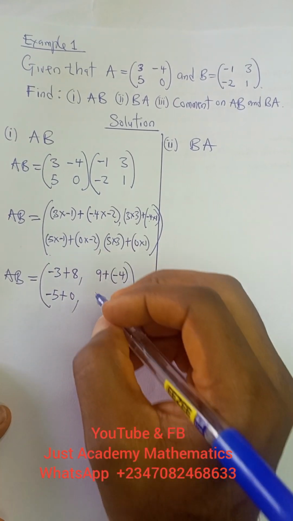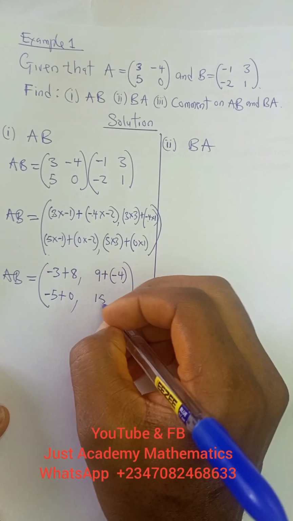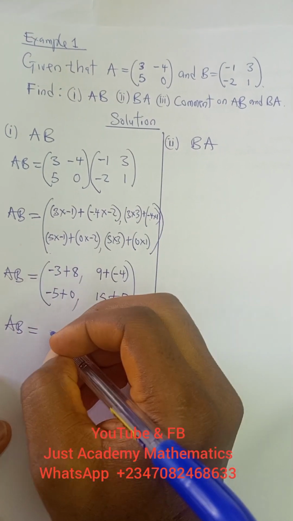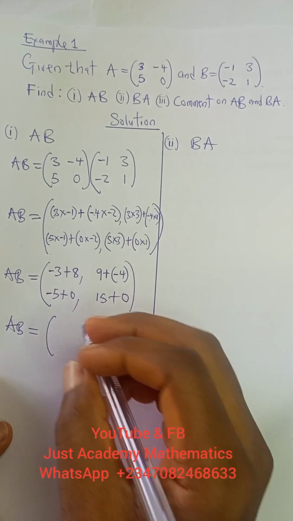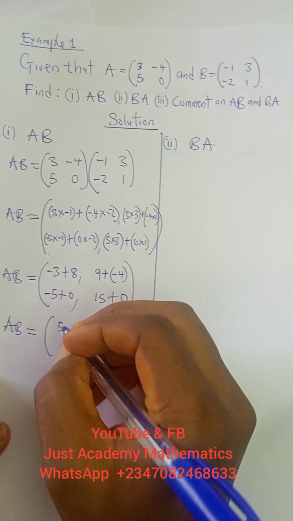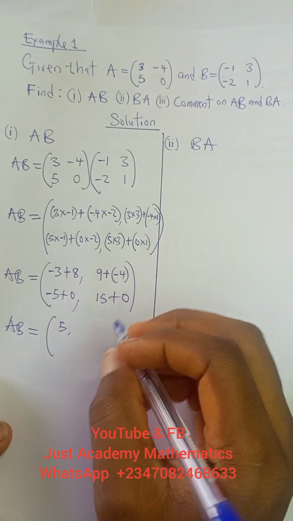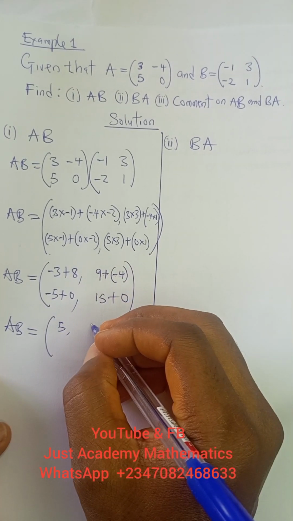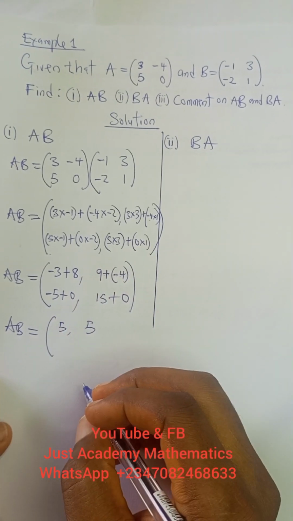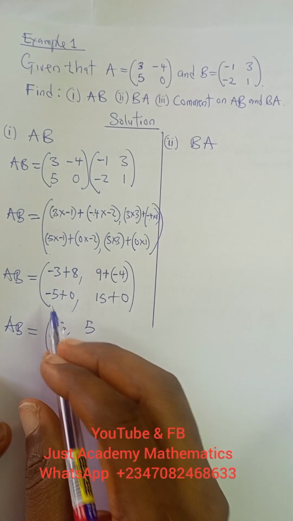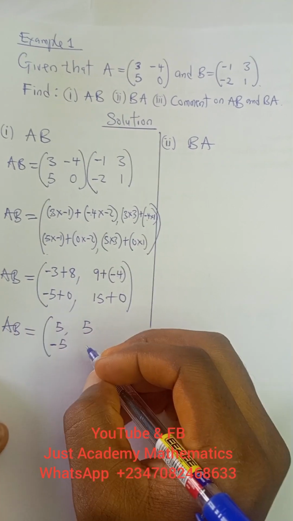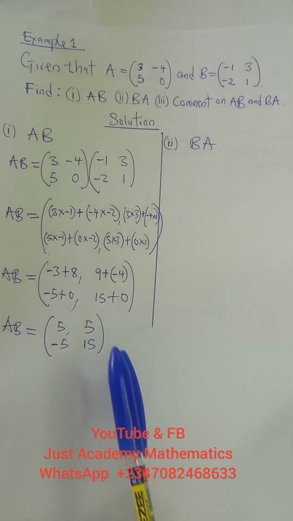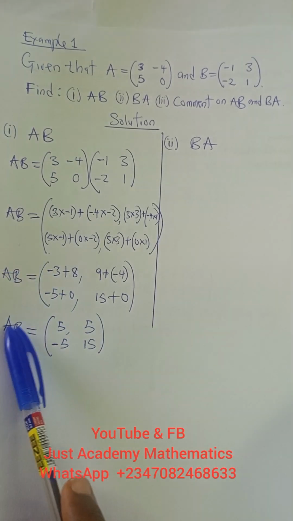And then finally, 5 times 3, 15 plus 0. So finally, AB will give us what? Minus 3 plus 8 is what? 5. 9 minus 4 is what? Of course, it's also 5. Then this is minus 5. And here is what? 15. So that is the operation for A times B.